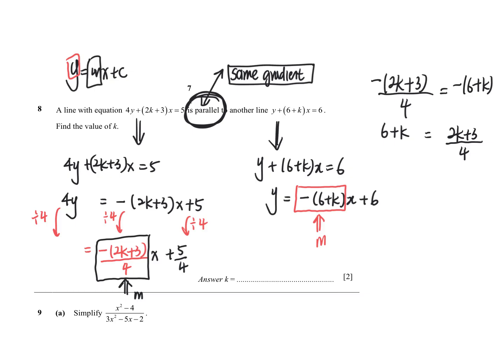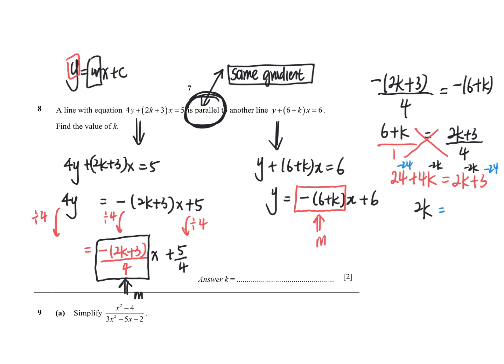Okay, then we cross multiply. This will be 24 plus 4k. Cross multiply, this is 2k plus 3. So to solve it, this is 2k, because you minus 2k here and then you minus 24 here.